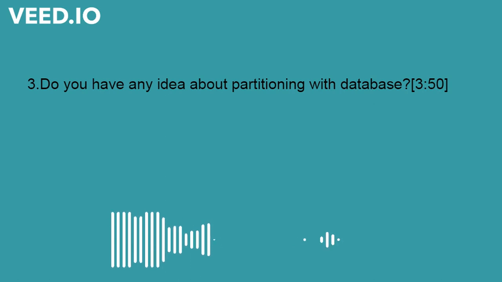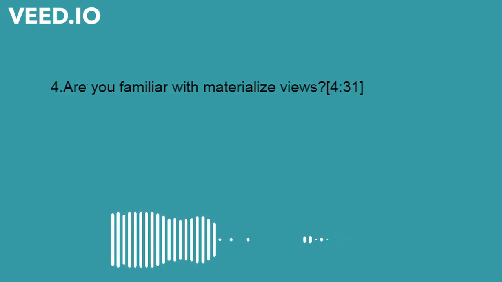That's fine. Are you familiar with materialized views? Yes. Currently, we are using materialized views also. We have some tables, and in our application we want some data, some columns which are not in one table but in another table.